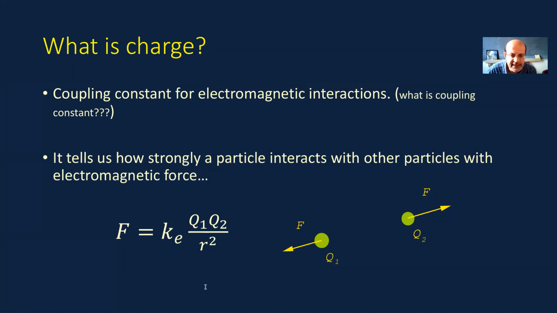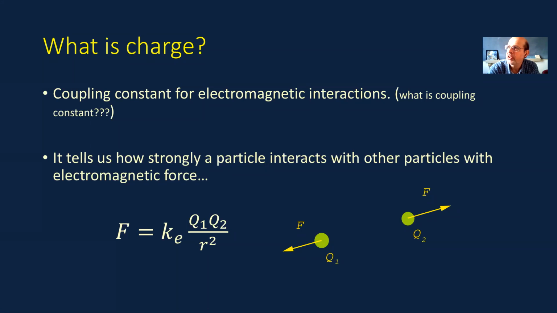This is Coulomb's law. It's the force between two charges. And the question is, what is charge? It's basically what we call a coupling constant, right? The idea here is that these particles are interacting with each other with different types of forces.